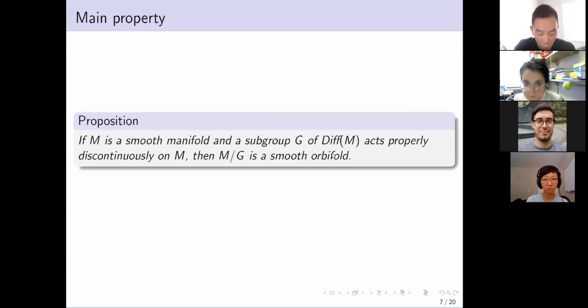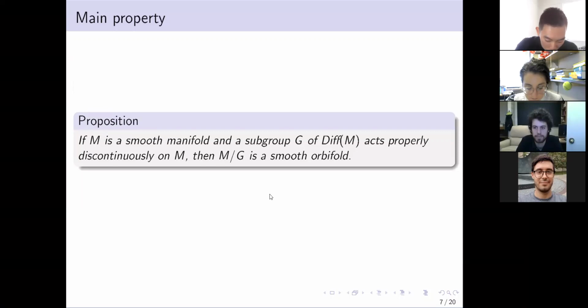Then the quotient space now is not necessarily a manifold, but I know for sure that it's going to be a smooth orbifold. So that's one of the nice things about it. And with this result, we can generate lots of examples. I think the proof of this result is not too difficult as well.